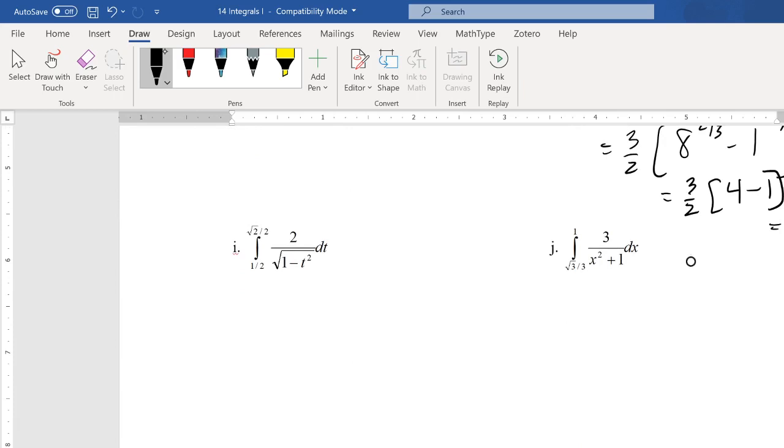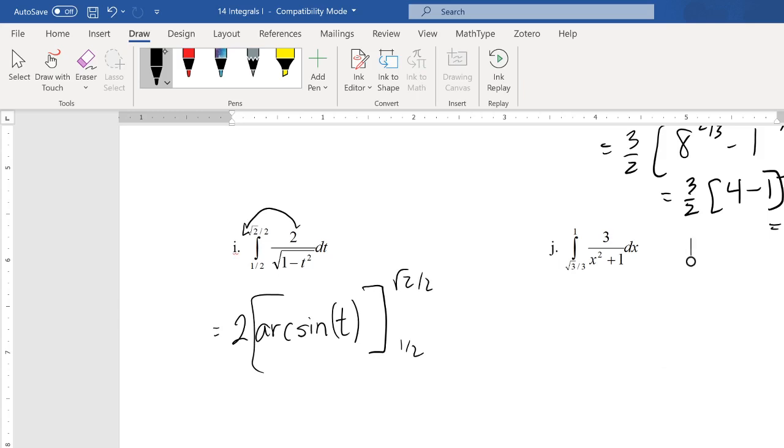So this is just 2 times, so that 2 can go out there, which means I get 2 times the arc sine of t, and this is evaluated from 1/2 to square root of 2 over 2.